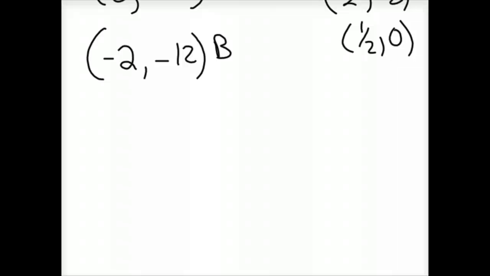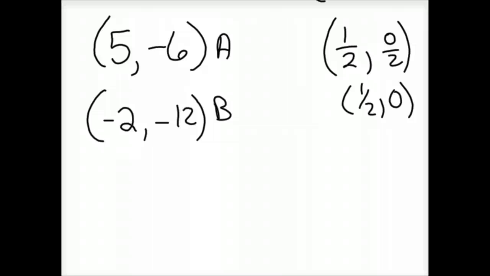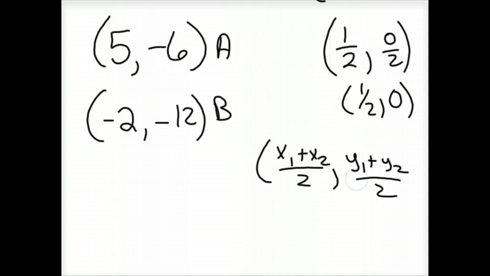Following our formula, here's where you'd stop the video, see if you can do it, and then match me. Let me write this down so I don't mess it up: x1 plus x2 divided by 2, y1 plus y2 divided by 2. So easy to make a mistake.